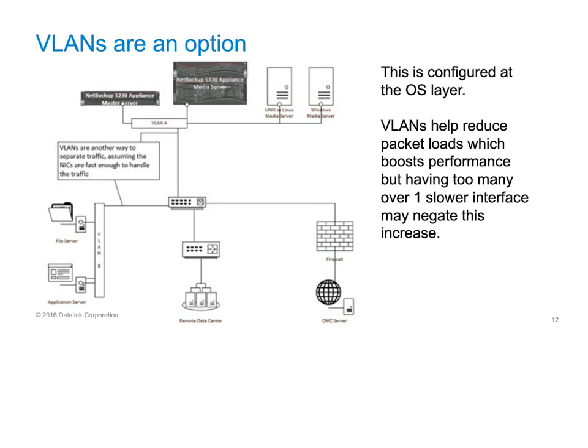VLANs are another option that are becoming more and more popular these days, and this allows you to take the same network connections and create virtual LANs to separate the traffic.